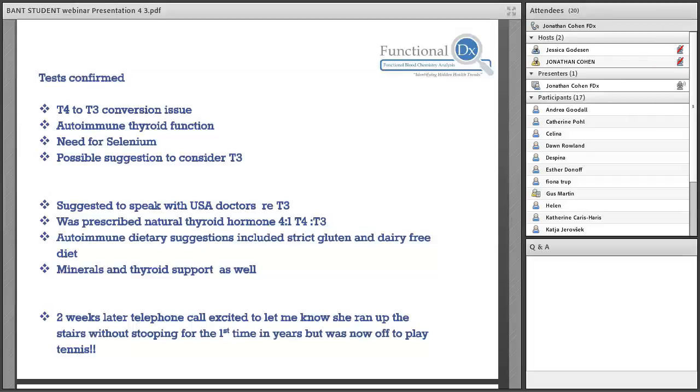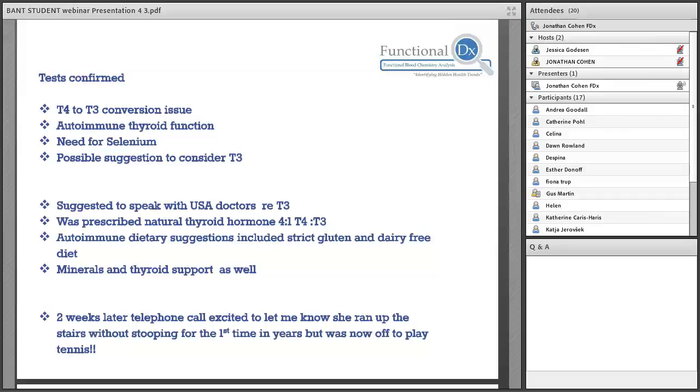So I suggested to her that she should speak to the USA doctors that she had out there, because working with hormones in America, bioidentical hormones, is quite the norm. And so they prescribed for her natural thyroid hormone, which comes in a ratio of 4:1 of T4 to T3. It's natural, so it has either a bovine or a porcine source.